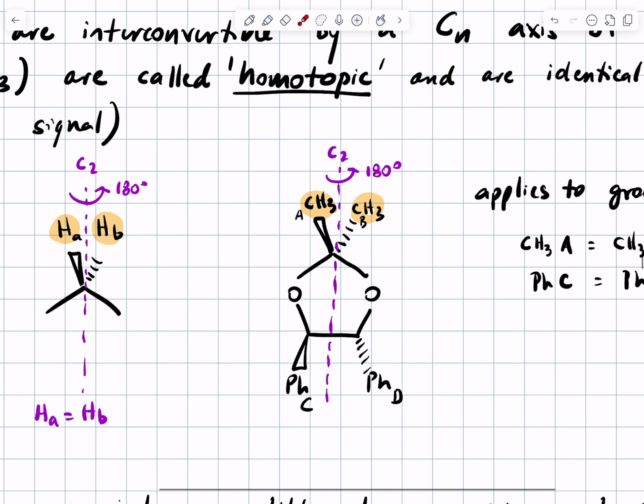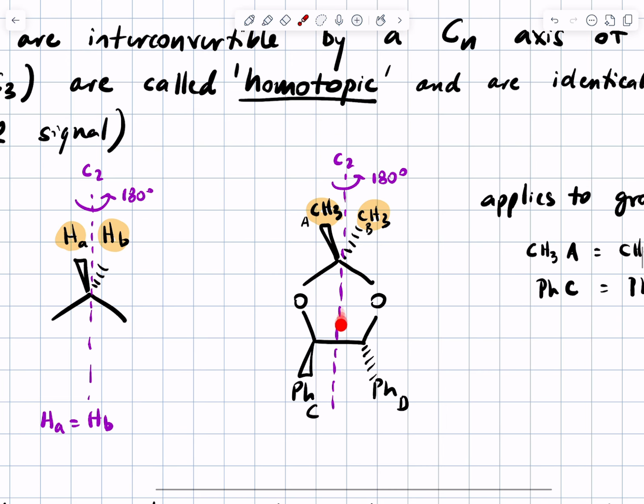Similarly, on this molecule, which is chiral, we have an axis of symmetry that goes through this carbon and halfway through this bond. If you rotate around that axis, methyl group A and methyl group B trade places, and phenyl group C and phenyl group D trade places.